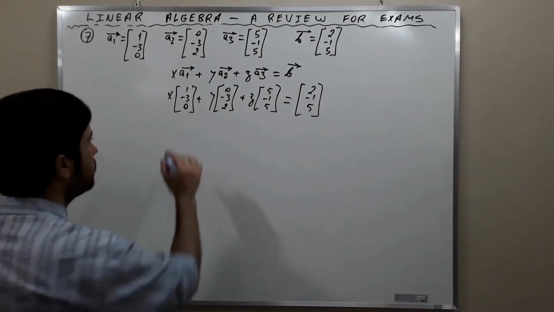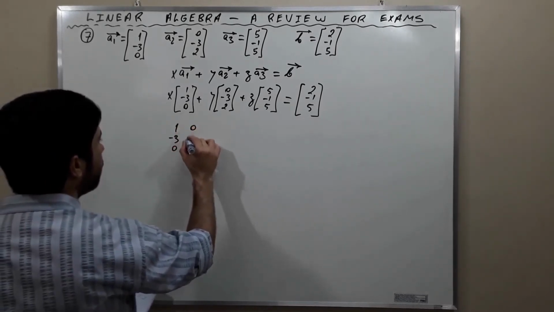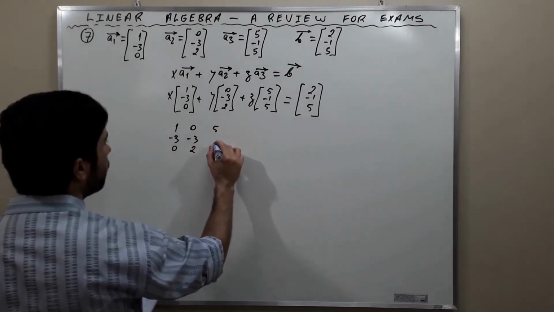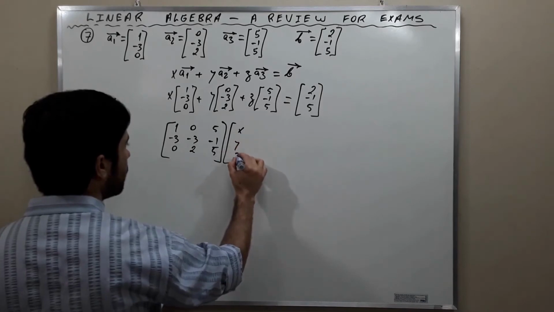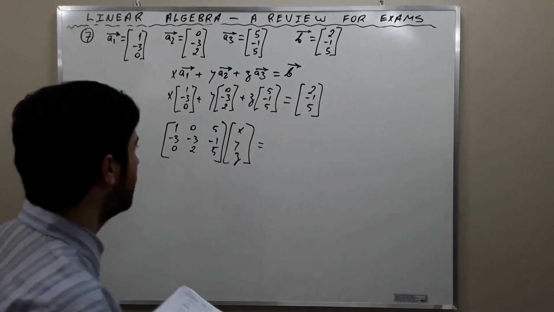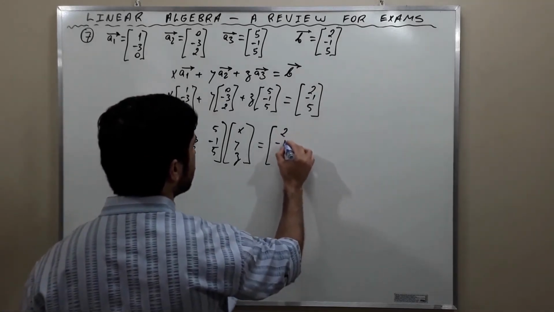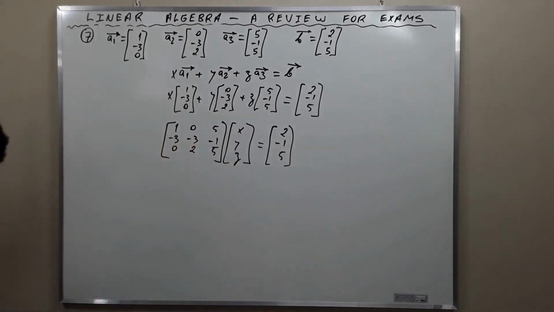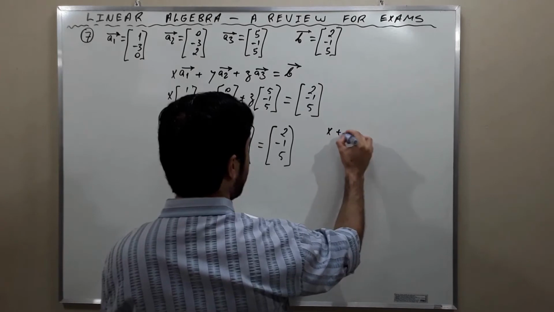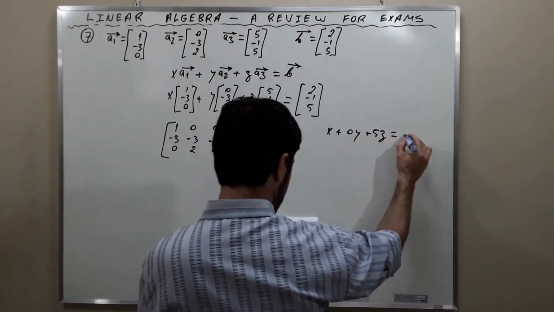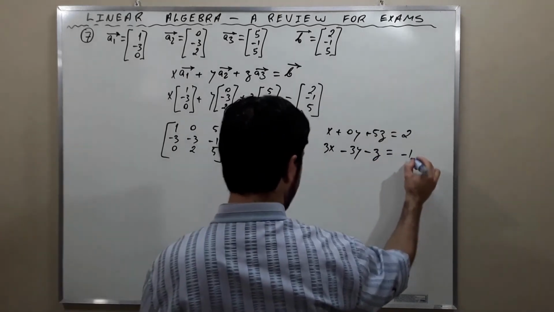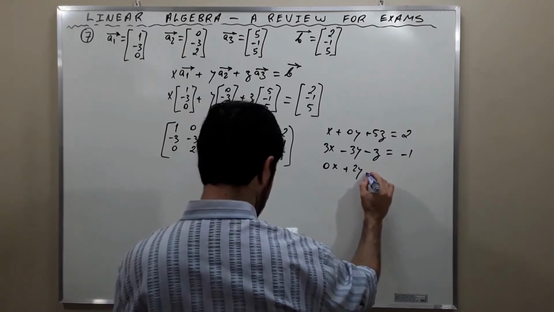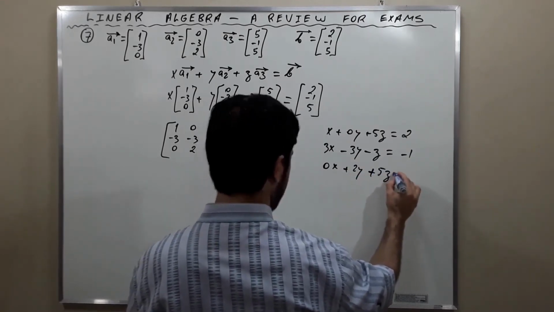We line up the columns and this matrix multiplication must produce, all right, which is similar to the system, and the system is x plus 0y plus 5z equal to 2, 3x minus 3y minus z is equal to negative 1, and 0x plus 2y plus 5z equal to 5.